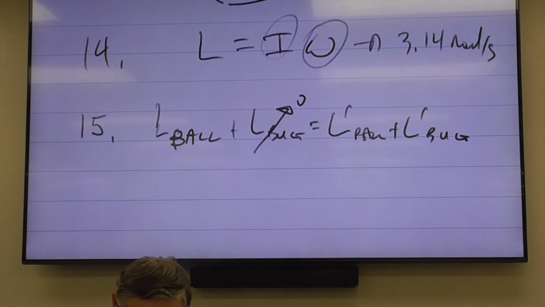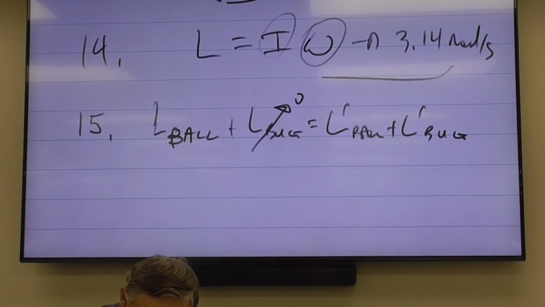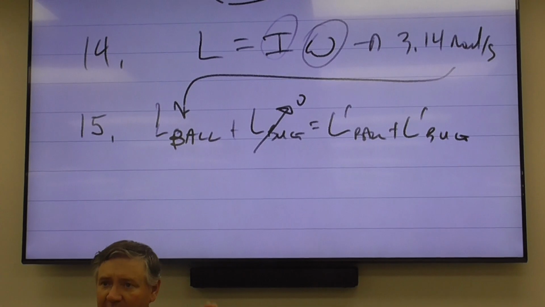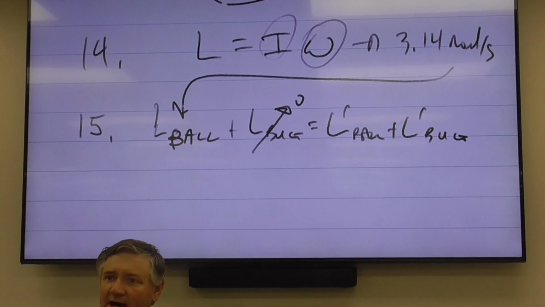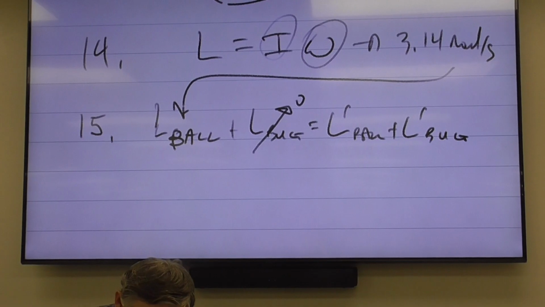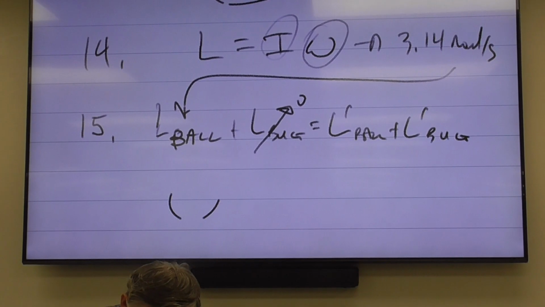So, the L of the ball, which you found on number 15, you already have that number. You don't need to recalculate. You already know what that is. Now, over here, here's your spinning ball, and the bug lands on it, and that's spinning together.